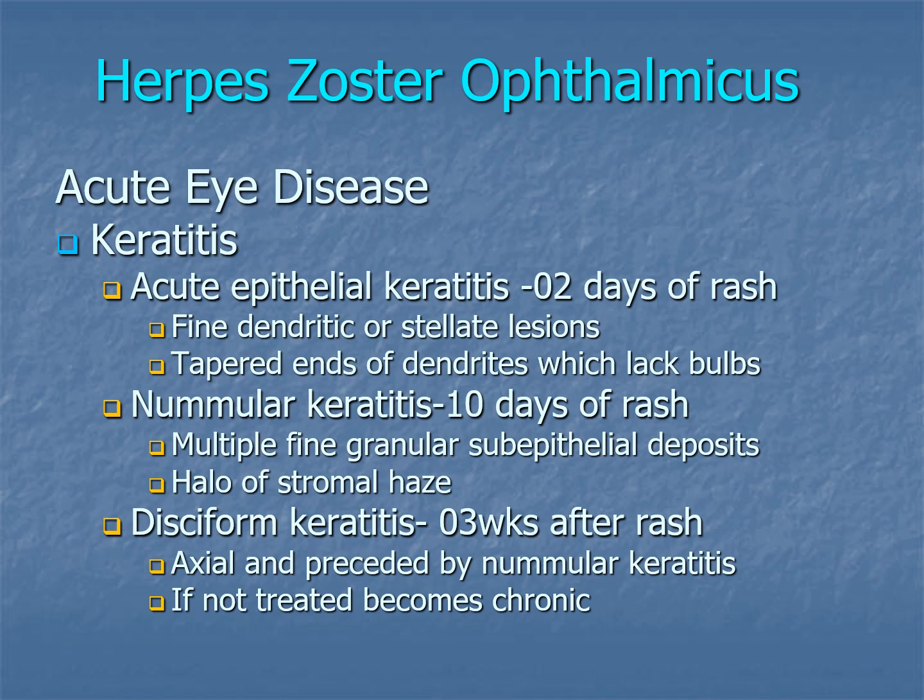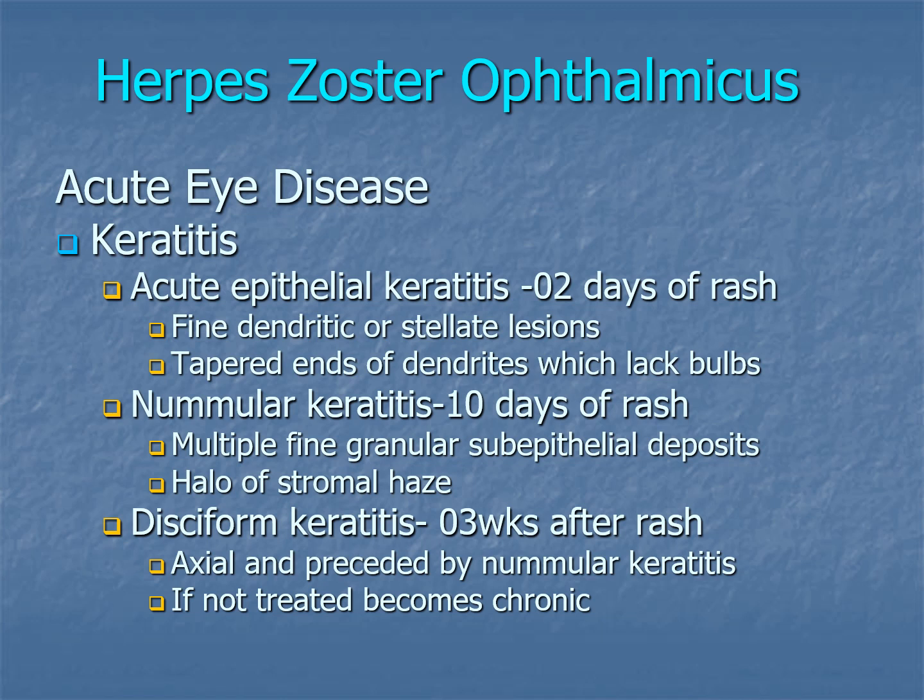Then comes the nummular keratitis after 10 days of rash. In this case, multiple fine granular subepithelial deposits are there, with a halo of stromal haze, causing decreased vision. After 3 weeks of rash, disciform keratitis may be present, involving the central portion.